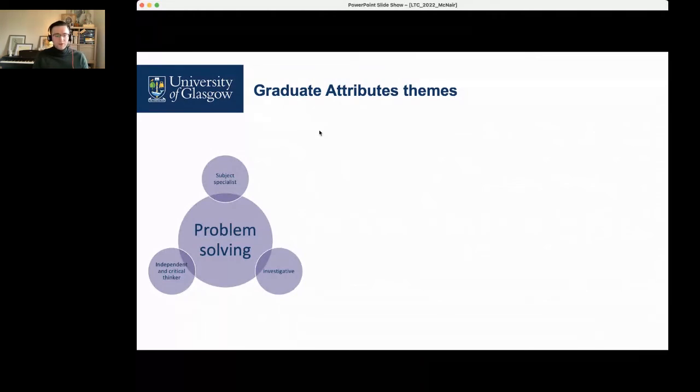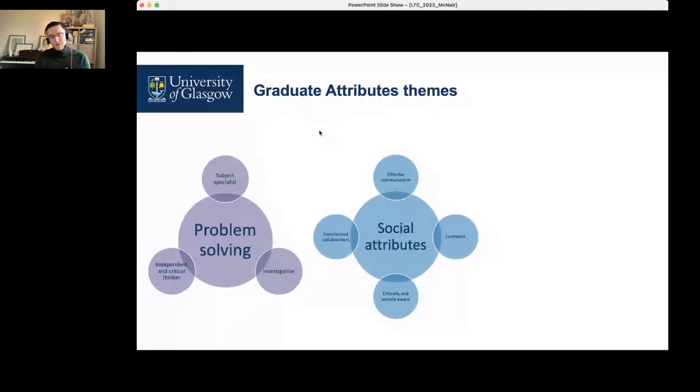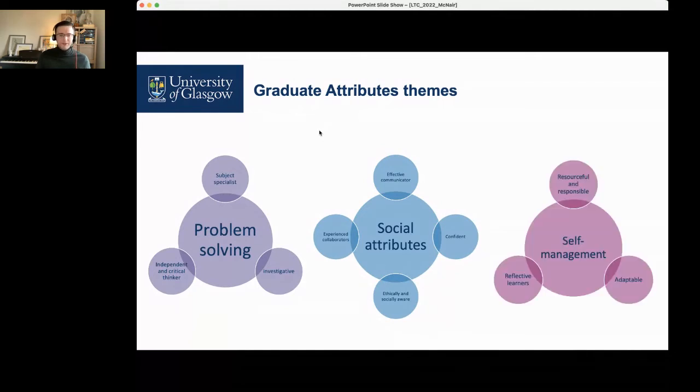We have what we called problem solving graduate attributes: subject specialist, investigative, and independent and critical thinkers. We have the social attributes, as we call them: the effective communicator, confident, ethically and socially aware, and experienced collaborators. And then the self-management attributes: being adaptable, reflective learners, and being resourceful and responsible.